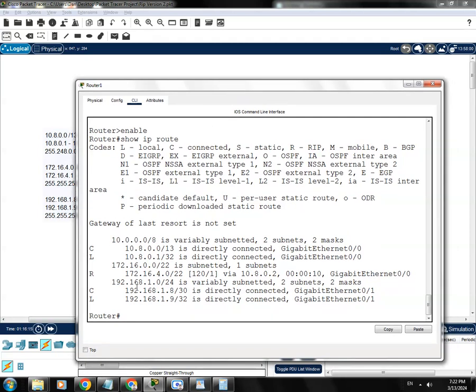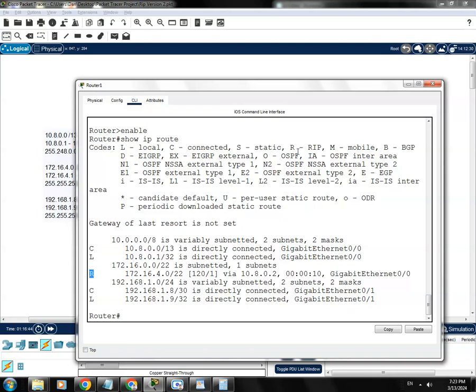Then let's go on to the next parent route. This is not an ultimate route because it's the parent route. It just gives us the information that 172.16.0.0/22 is subnetted, with one subnet, which is this one, and this is actually the RIP route.